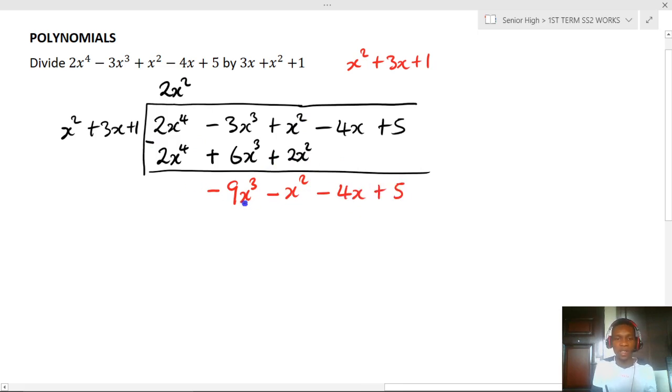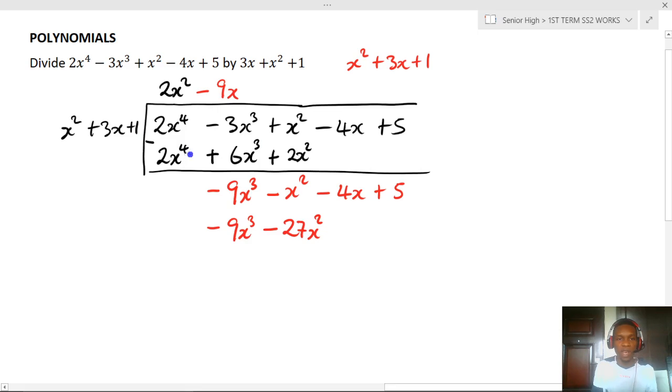Then we'll divide again. We have that minus 9x cubed divided by x squared will give us what? Minus 9x. And then minus 9x multiplying x squared will give us back minus 9x cubed. Minus 9x multiplying 3x will give us minus 9 times 3, it will be 27x squared.